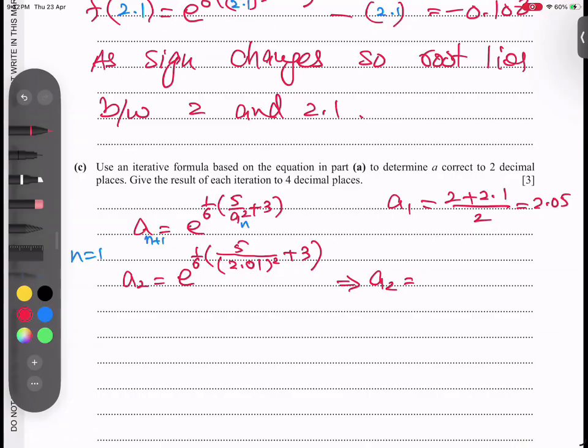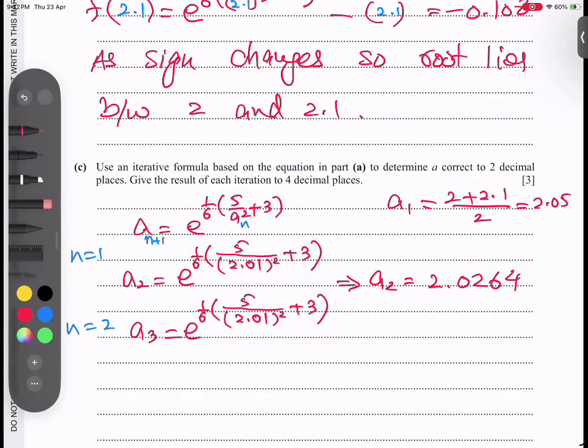So I'm getting the first answer, students: 2.0264, 4 dp. First I plugged in n1, now I'm plugging in n2. When I plug in 2 here, I get a3, and e to the power 1 by 6. The best way, I think, is to copy it from here, saving time. Copy and paste here.